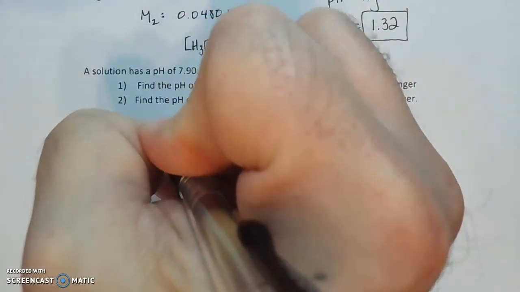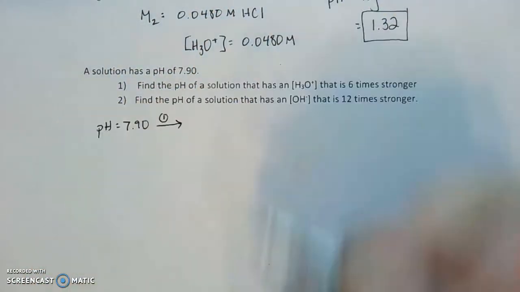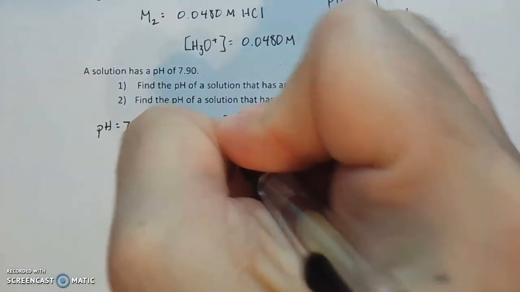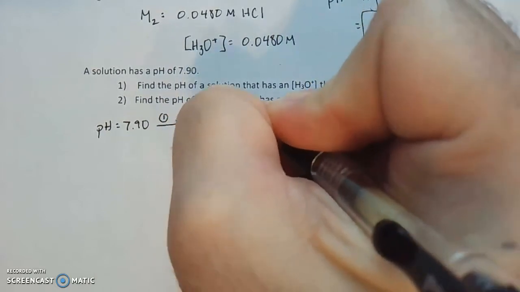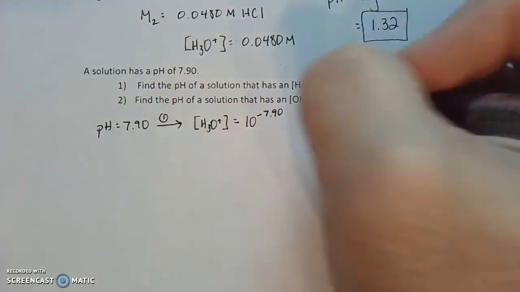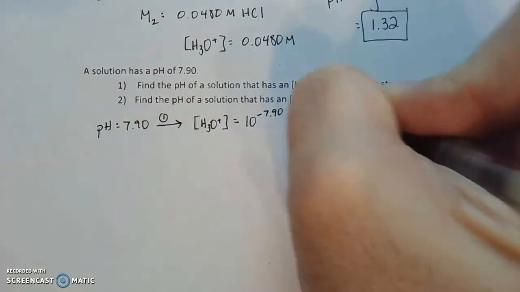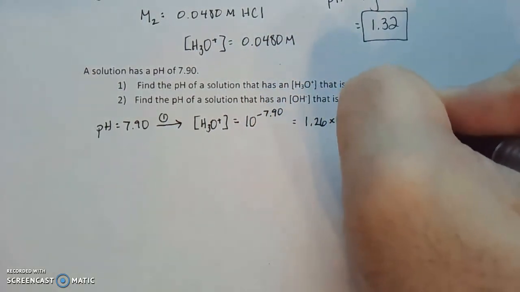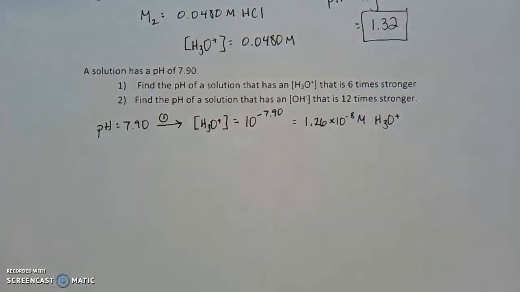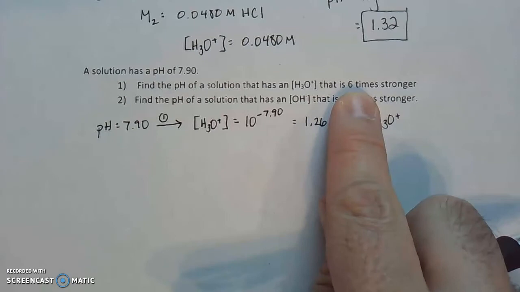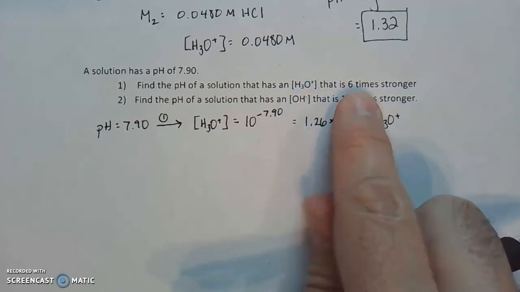So our first one that we're going to do, this is number 1. We know that H3O plus is going to equal 10 to the minus pH. So that gives us 1.26 times 10 to the negative 8th molar H3O plus. Now we can find an H3O plus that's 6 times stronger.